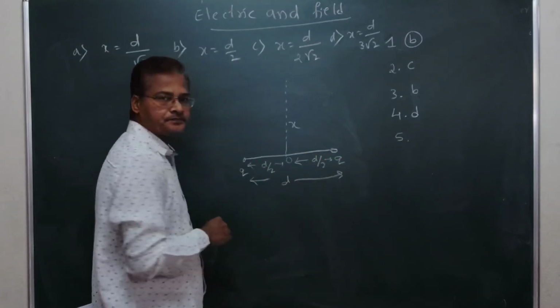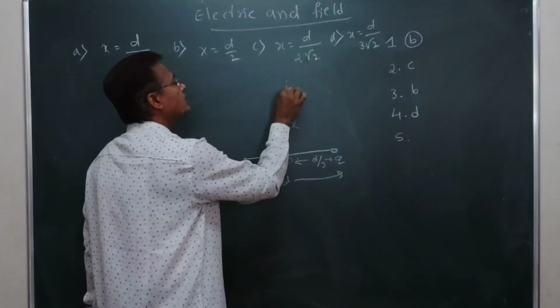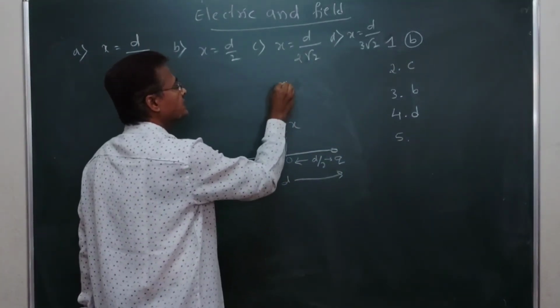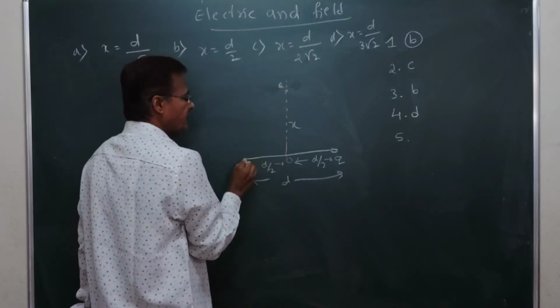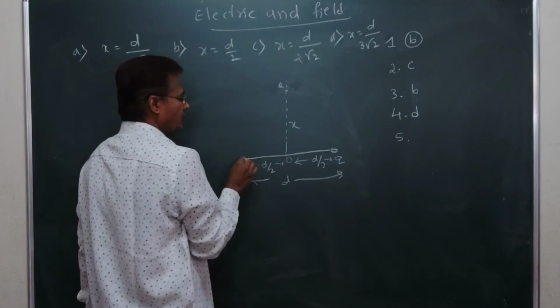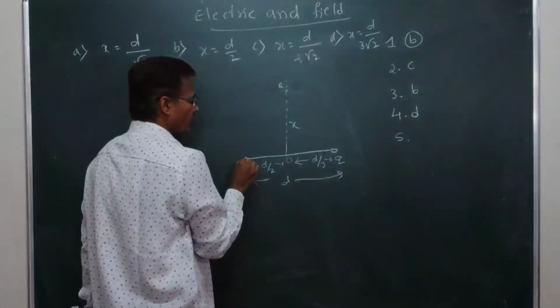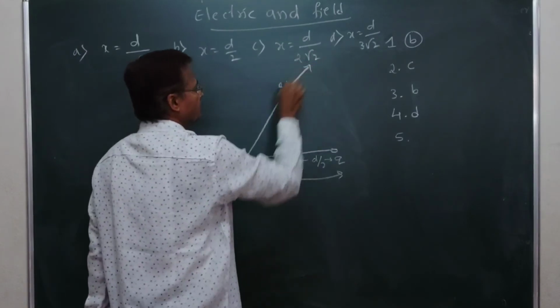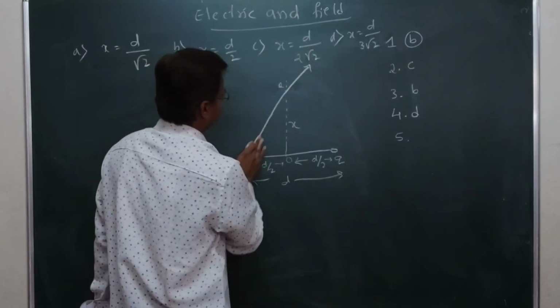Here one charge is placed, that is the small q charge. So the force exerted from capital Q on small q, since both are positive, will be directed in this direction. This is F.